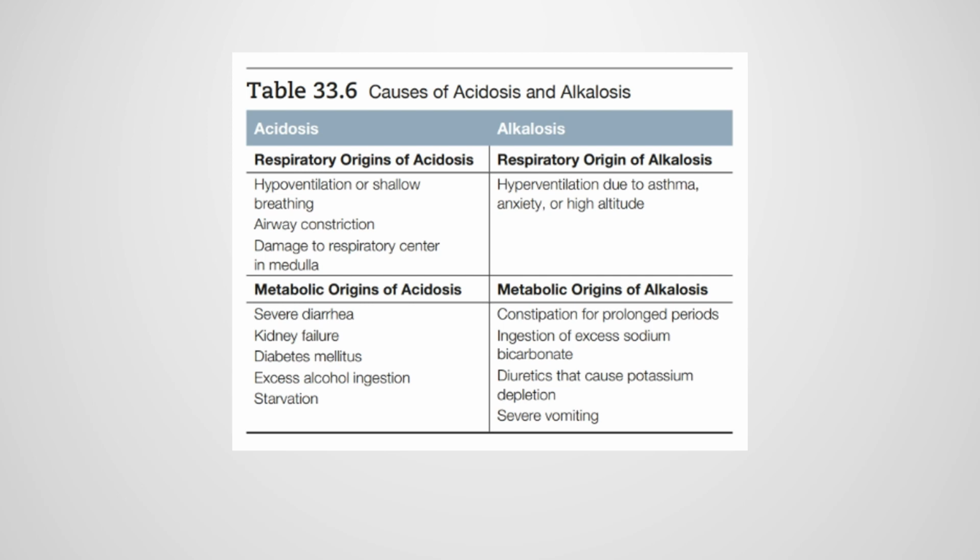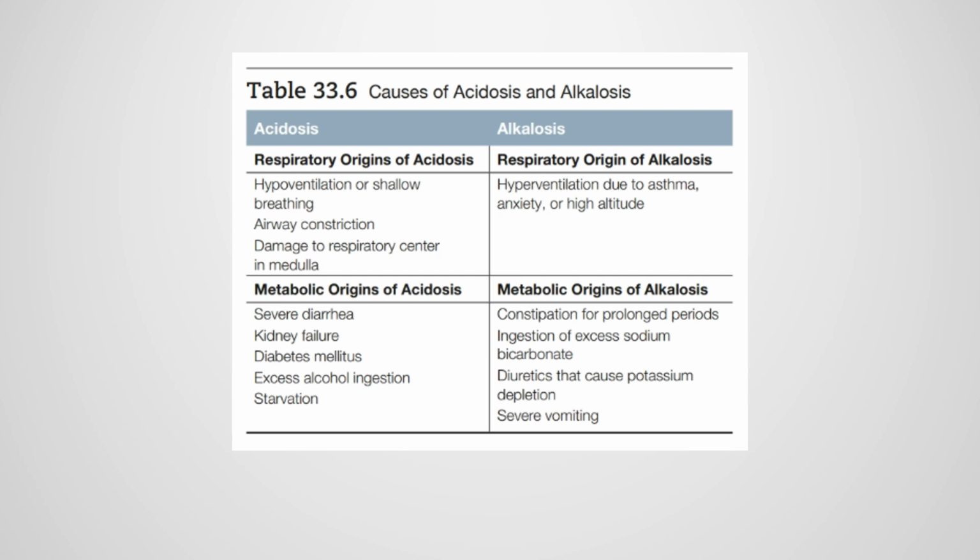So if you have conditions that are producing a lot of CO2, and those are typically respiratory conditions, because if you're not able to blow off your CO2, your CO2 is going to become elevated in respiratory conditions such as severe asthma or severe COPD or severe pneumonia.